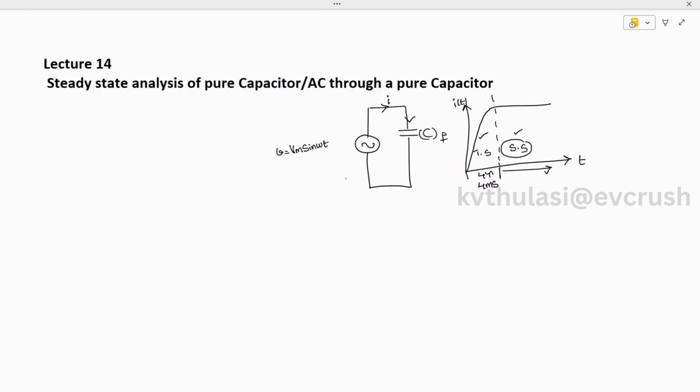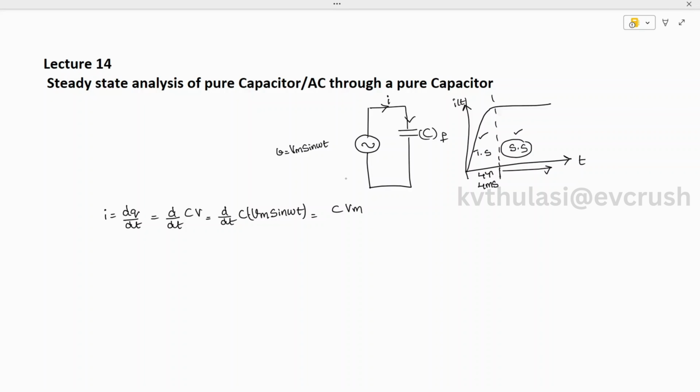We know the formula for current i is equal to dq by dt, and q is equal to cv. So i is d by dt of c into the voltage given, Vm sine omega t. Here c is a common term and Vm is a common term.